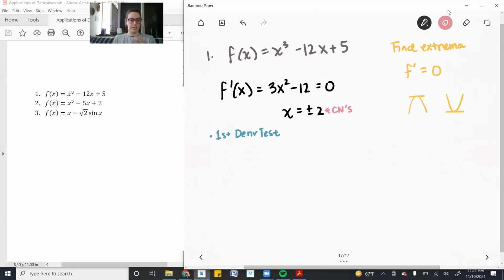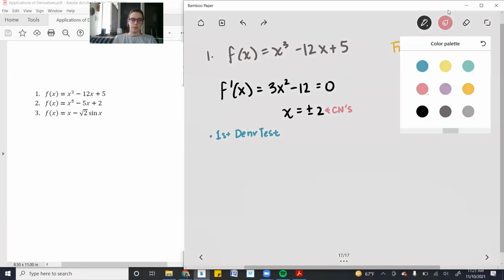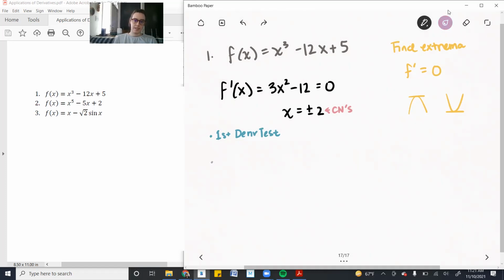And then we just showed more information using the first derivative test. But what I'm going to do instead is try using my second derivative. So I'm going to find f double prime, which is 6x.